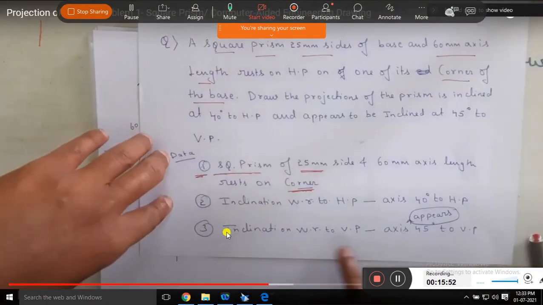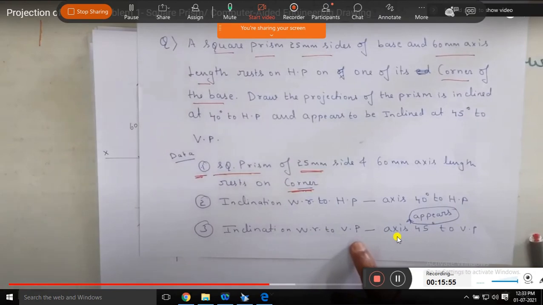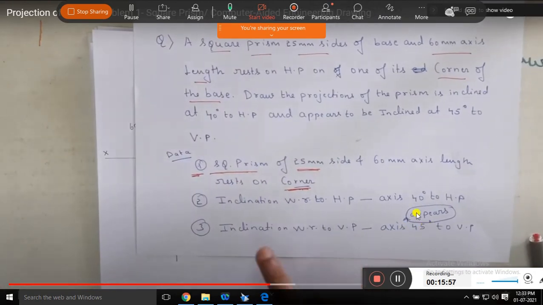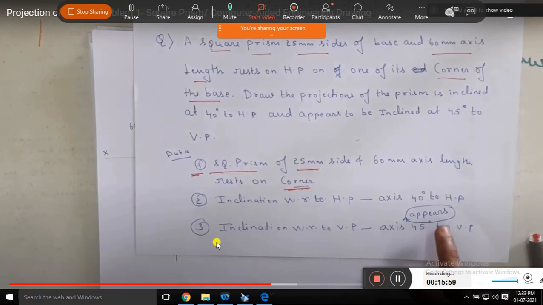And the last position, third position, is inclined to VP, and it appears to be, so you have to go with the normal method, appears to be. So 45-degree inclined to VP. So take the line.